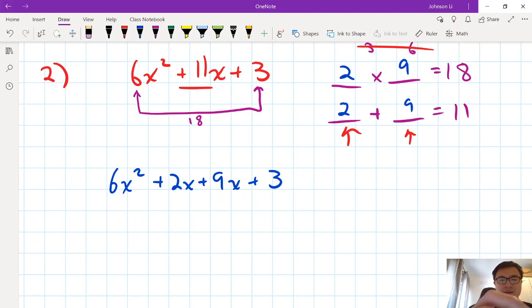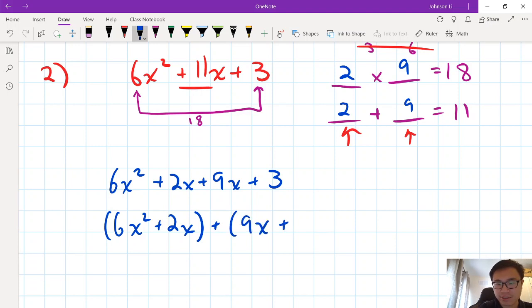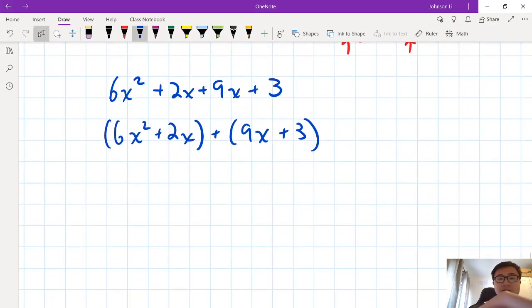Now, if we factor it now, the next step is to actually put 2 brackets to cut the equation in half, 9x plus 3. So now we have 2 halves of the equation being added together. The next step is to figure out what we can divide from both. What's the biggest thing we can divide from both? In this case, we can divide both a 2 and an x, because both of these items have an x in them.